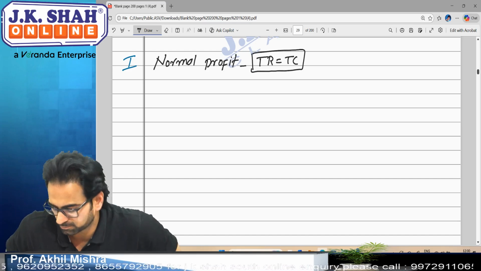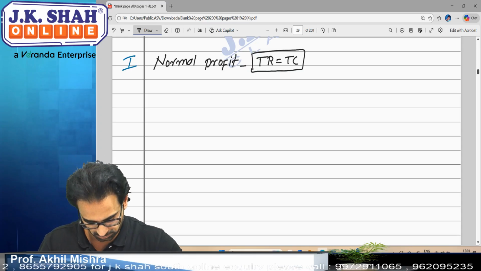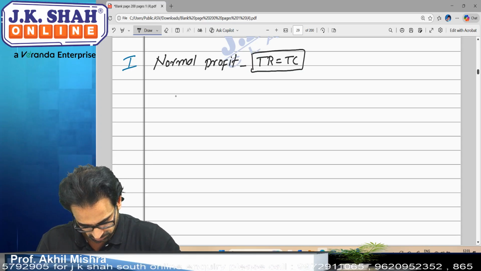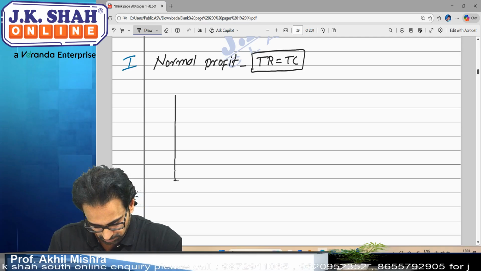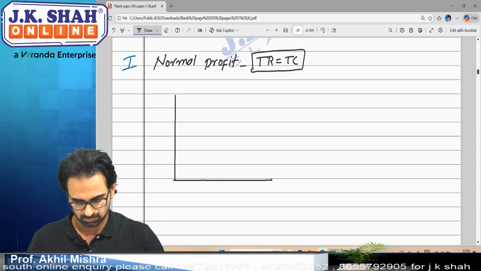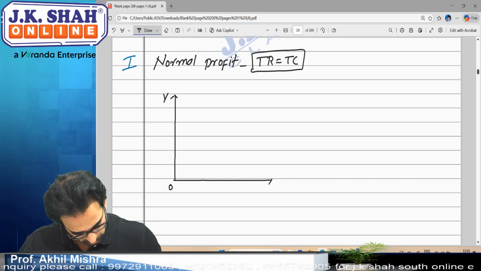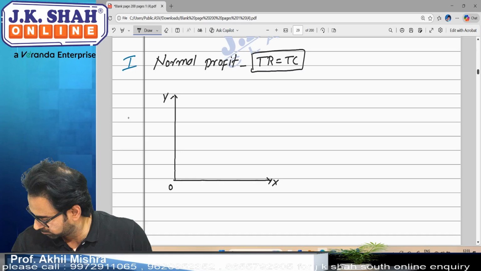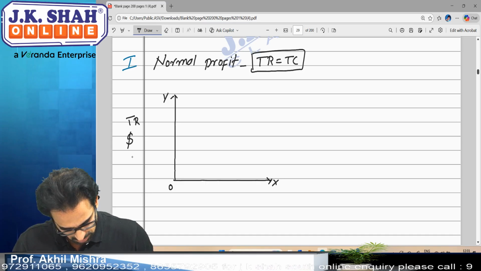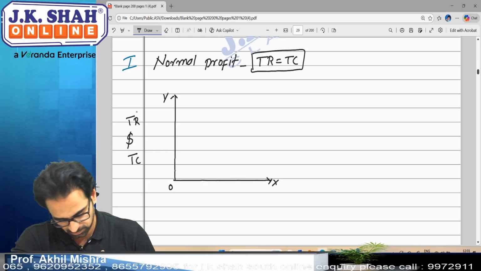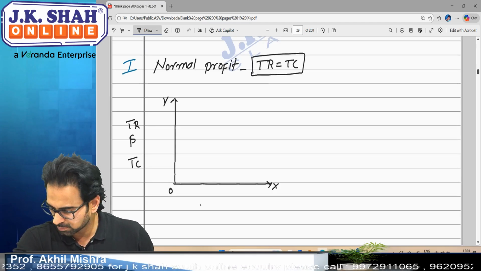Here we have total revenue and total cost on the y-axis, and this is your output.